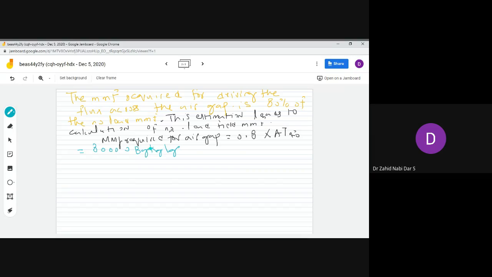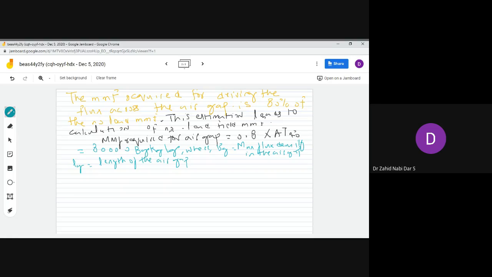So I have to calculate Lg, where Bg is the maximum flux density in the air gap and Lg is the length of the air gap. Now you have to calculate the value of Lg.